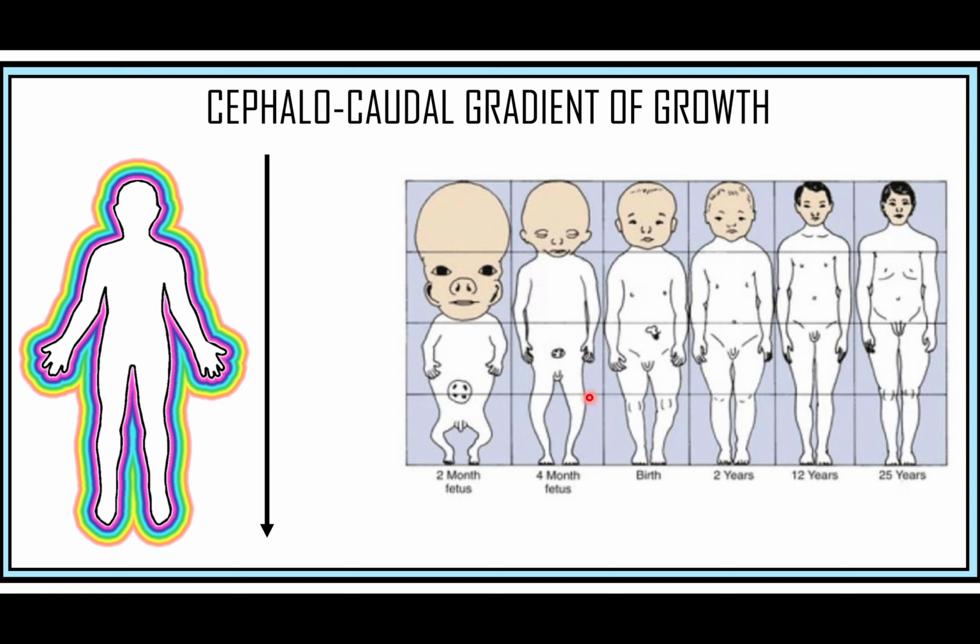The overall pattern of growth continues with a progressive reduction in the relative size of the head, about 12% in the adult. Here you can see the head occupies 50% of the body, and after birth it is almost 30% of the body.